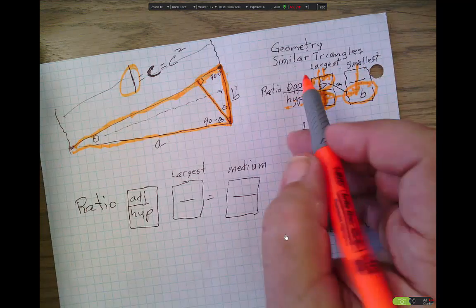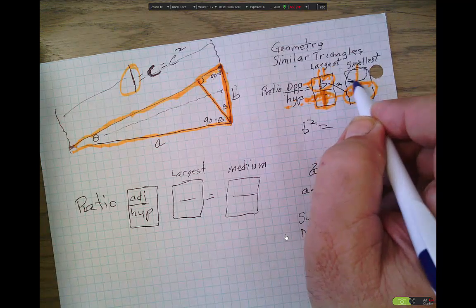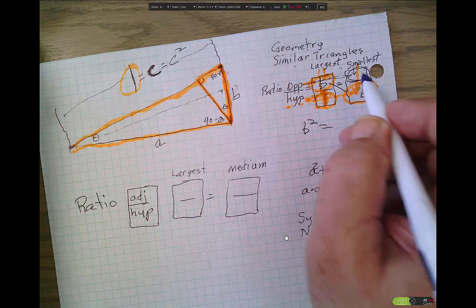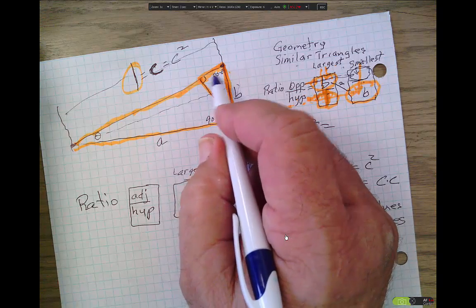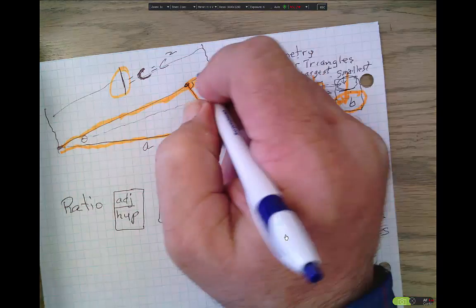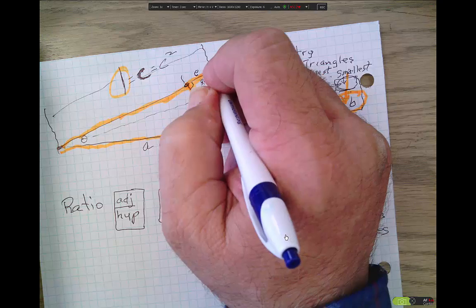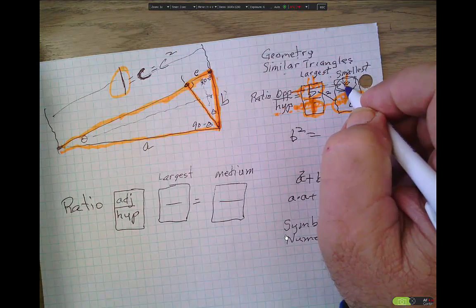Now if we look here, this piece right here is the opposite side of the smallest triangle. Well, let's see what that looks like. Here's the smallest triangle, and there is the opposite side, and it doesn't have any symbolism for it. So I'm just going to choose the symbol E to represent the distance across these 2 reference points, and I'm going to put that right here.